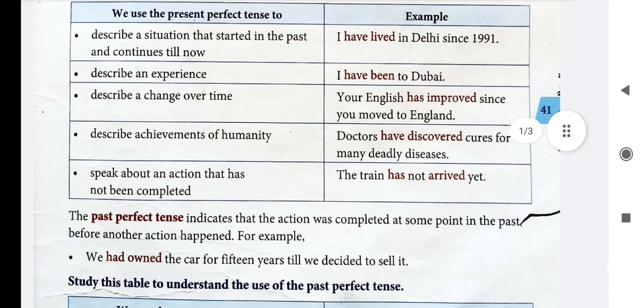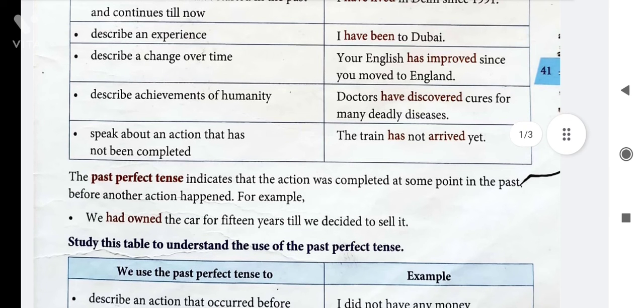Next point is to describe achievements of humanity. Someone who did something for human purpose, for humankind. So the achievements of humanity. For example, doctors have discovered cures for many deadly diseases.